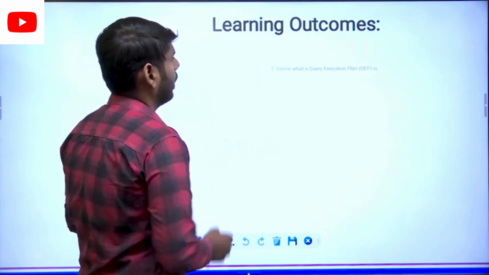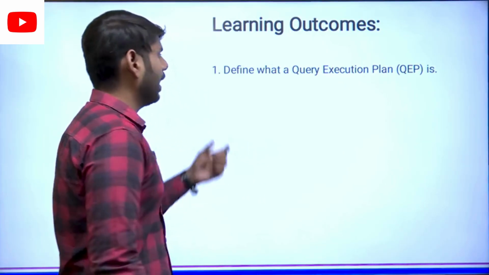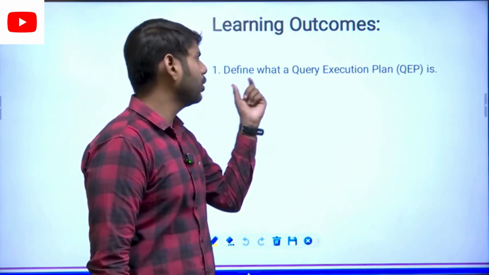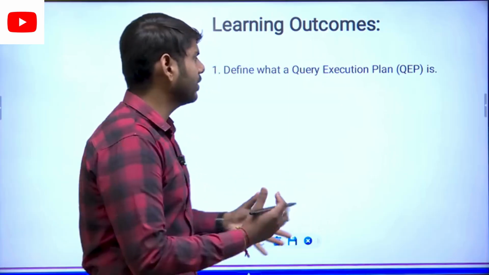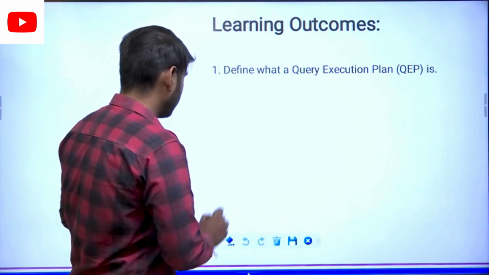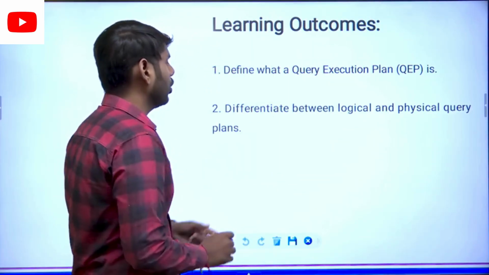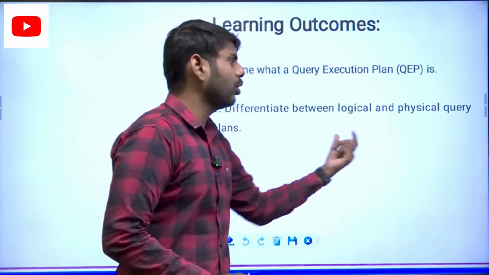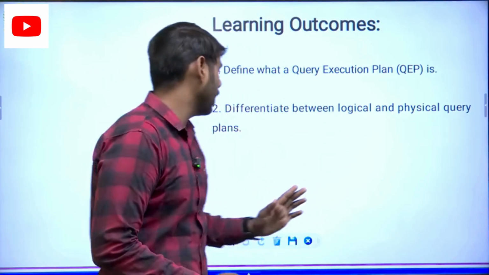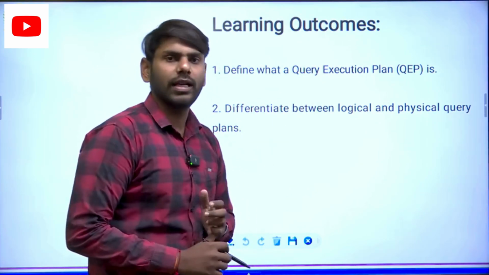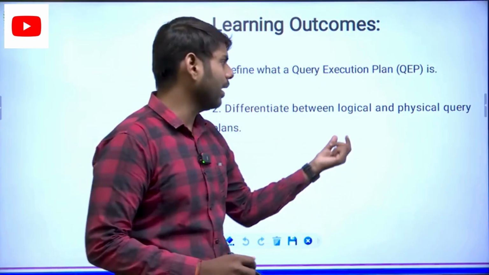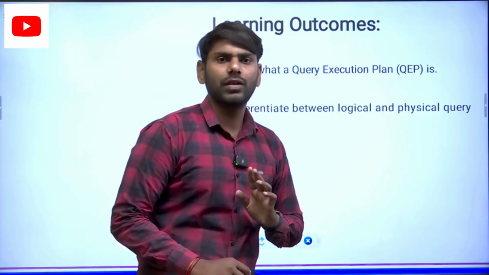At the end of this session you will be able to define what a query execution plan is, that is, what exactly this plan is. Next, you will be able to differentiate between logical and physical query plans. That means if we are creating the query execution plan, there are two types of plan: logical plans and physical query plans.